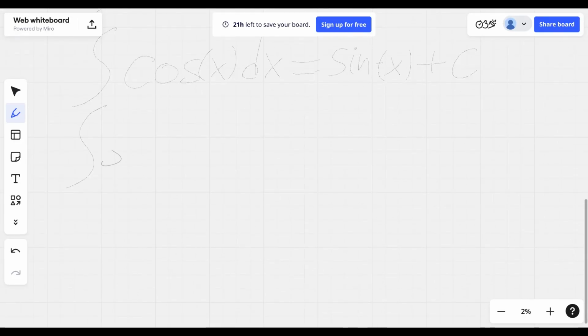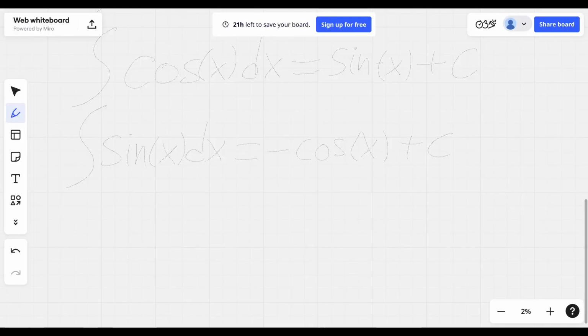And the integral of sine of x dx is negative cosine of x plus c. And that's because it's just the opposite. We're thinking backwards from the derivative. So the derivative of sine of x is cosine.